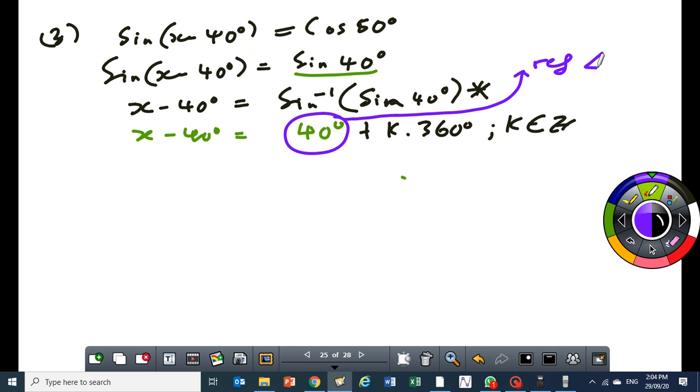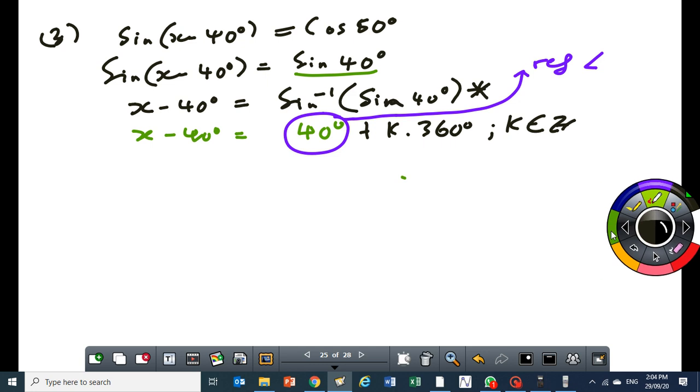We are going to find that one too. Sine has got two general solutions. So from here, we take the minus 40 to the right, then we get x equal to 40 plus 40, that will give us 80 degrees plus k times 360, where k is an element of integers.